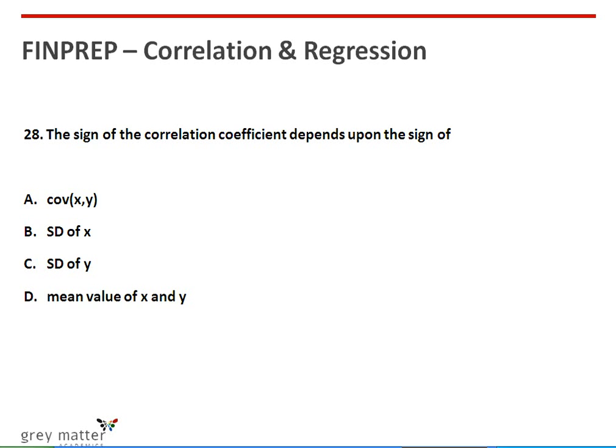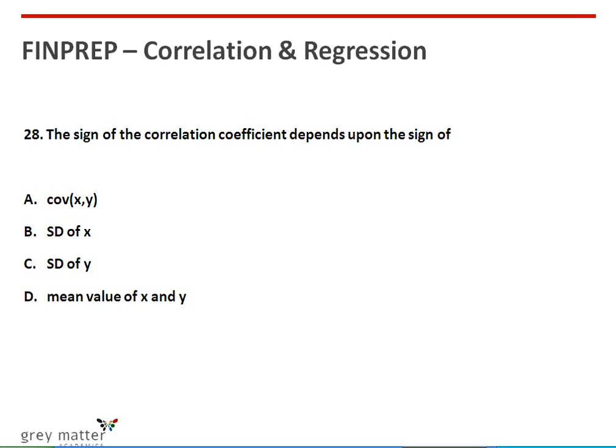28th question, the sign of the correlation coefficient depends upon the sign of the covariance of x comma y, because by definition correlation coefficient is nothing but covariance of x comma y divided by the standard deviation of x into standard deviation of y.